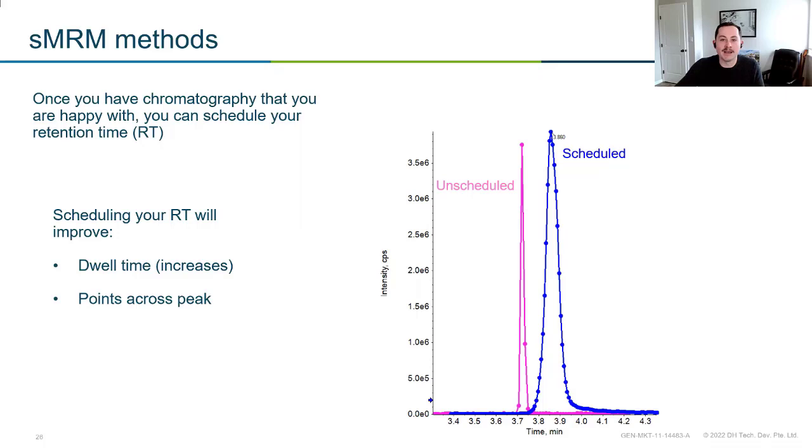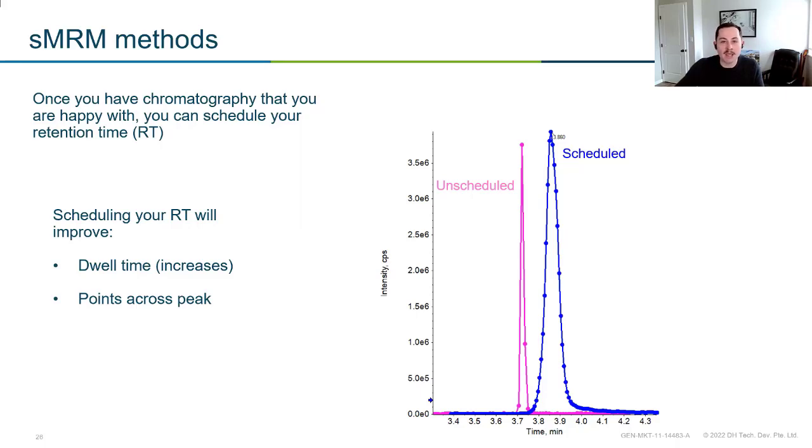That triangle becomes really difficult to integrate because it's going to change a lot depending on where that apex is, on where the instrument was and what it was looking for at that time. Compared to the blue, where we have a nice Gaussian peak with plenty of points across it, a little bit of difference in where those points are isn't really going to change the area underneath my peak as much as it would if I was just integrating a triangle.